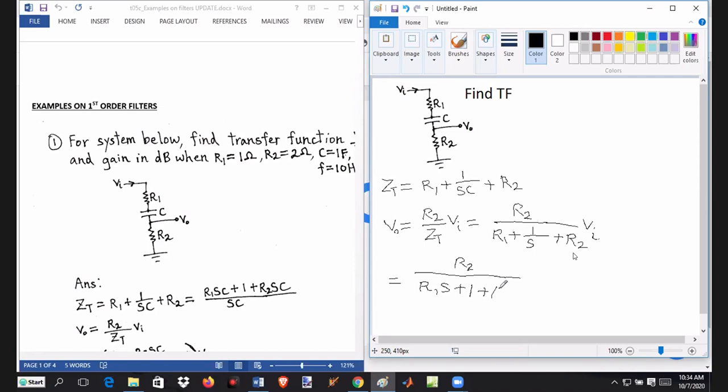I think I left out something there. I left out the C, SC. Put the C there. So this is R1SC.